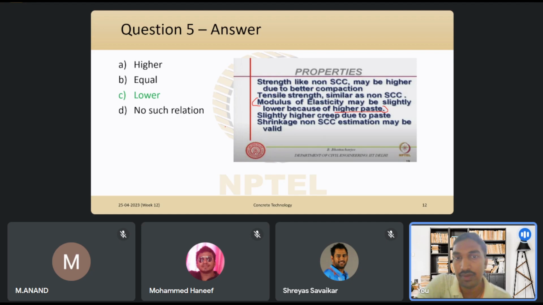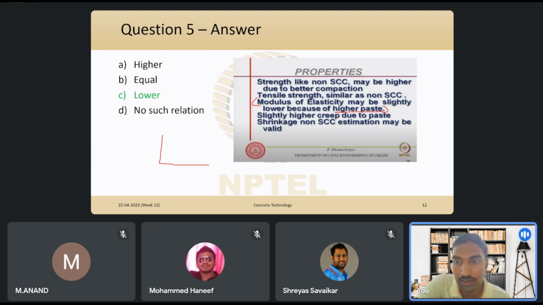So this has an effect on your modulus of elasticity. If you remember, in one of the previous modules we looked at how the aggregate content affects the strength of the concrete, right? In a conventional, normal concrete, the highest modulus of elasticity among the different components is for the aggregates.